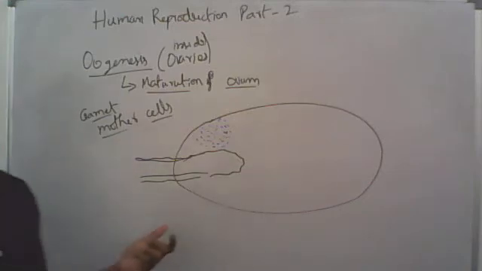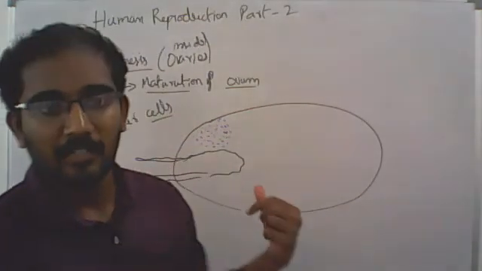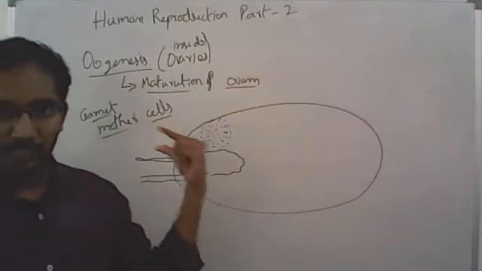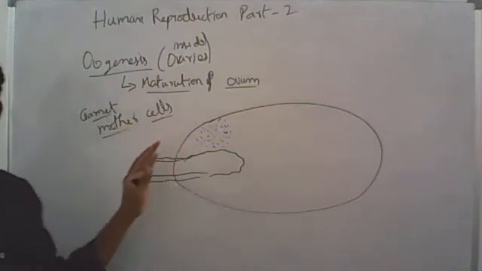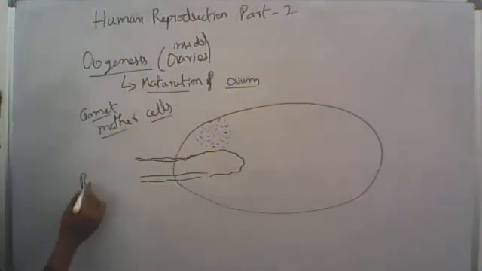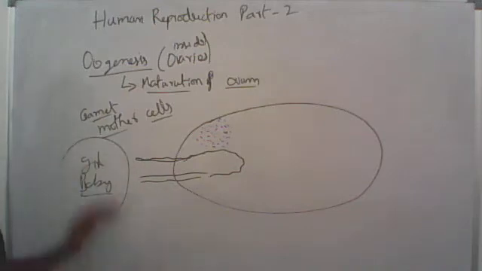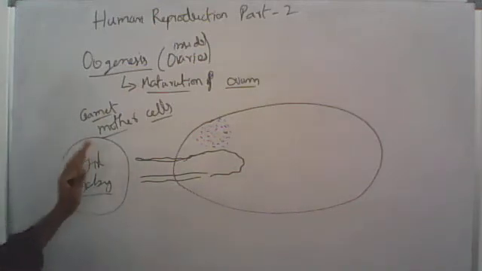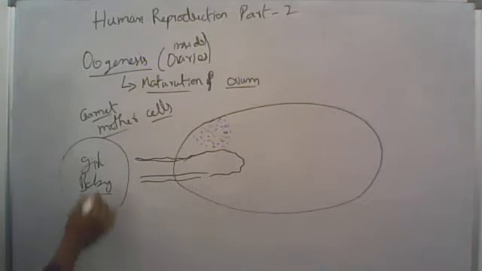In males we discussed that sperms are synthesized, but in females the gamete mother cells are already produced and present inside the female body. Consider a girl baby in her mother's womb. At that time itself, the necessary gamete mother cells are produced and stored inside the ovaries of that girl fetus.